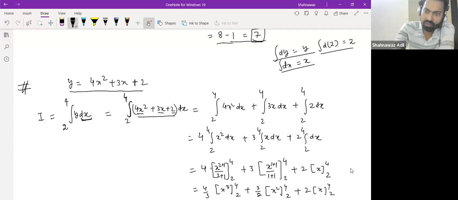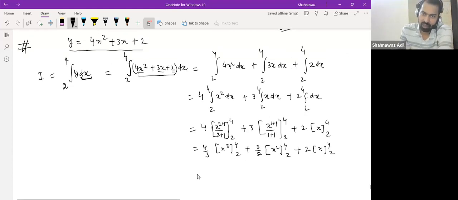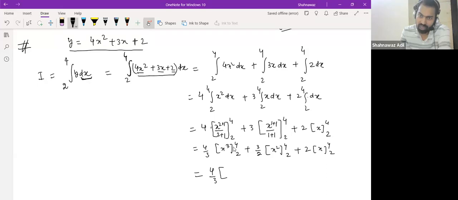So we have to first put the upper limit. So how much would this be? Rishita, how much would this be? I have to put 4 in place of x.